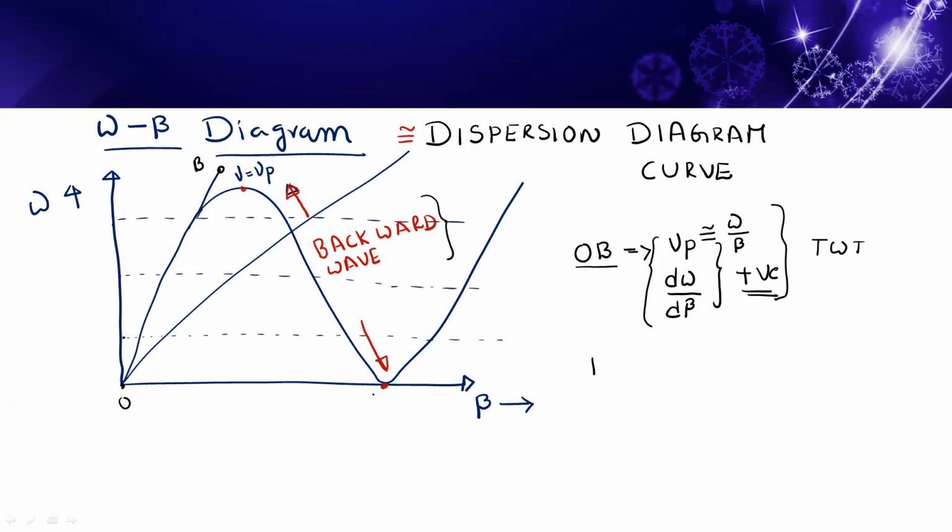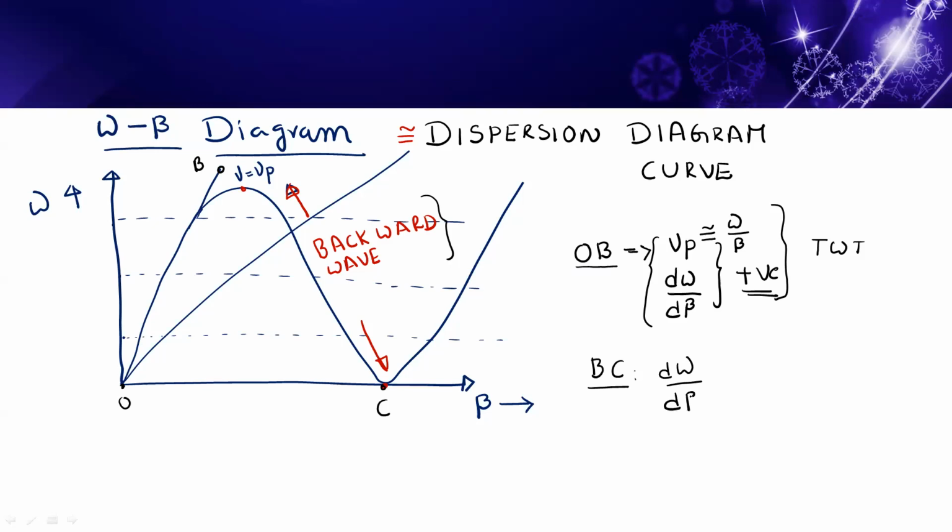Let's take OBC, let's take points B and C here. In the portion BC, the beam velocity of the electron and the phase velocity of the RF wave are positive, but the group velocity has a negative direction, a negative value.